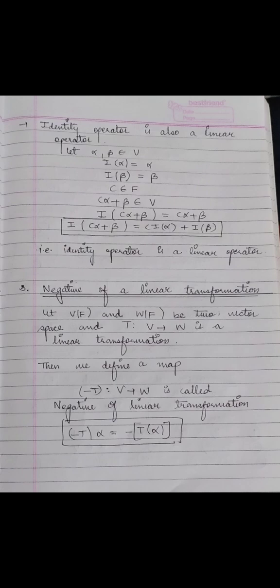Then the third transformation is the negative of a linear transformation. Let V(F) and W(F) be two vector spaces over the field F and T: V → W a linear transformation.